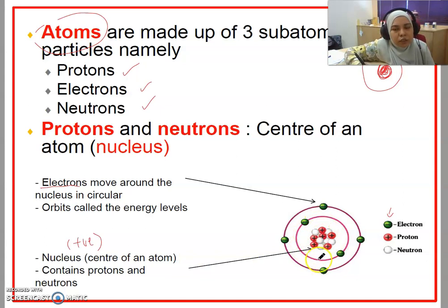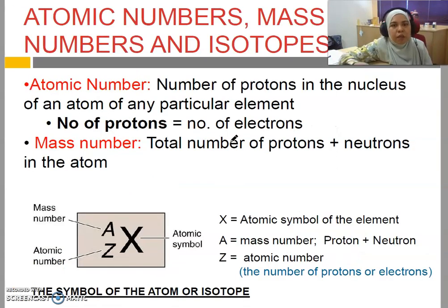So dia dominant by positive charge lah. And outside the nucleus, you will have electron yang akan neutralize the atom. Atom tak ada apa-apa charge. Atom terdiri daripada proton yang bercharge positif, elektron yang akan balance out the proton charge tadi, dan juga neutron yang tak ada charge.